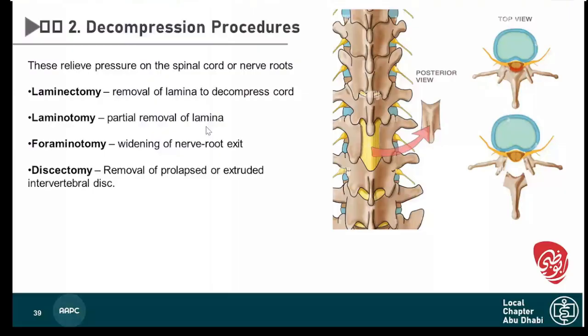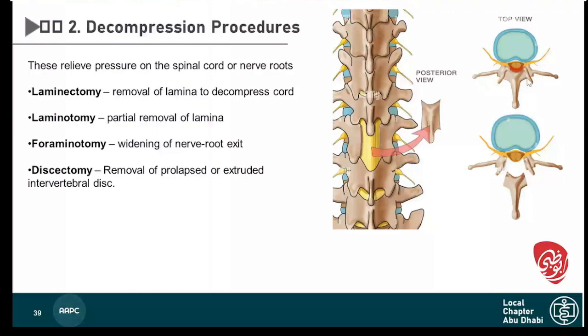So laminectomy means removal of the lamina. This is the diagrammatic representation. This is the spinous process, and these side projections are the transverse processes. In between these processes, there is the lamina.